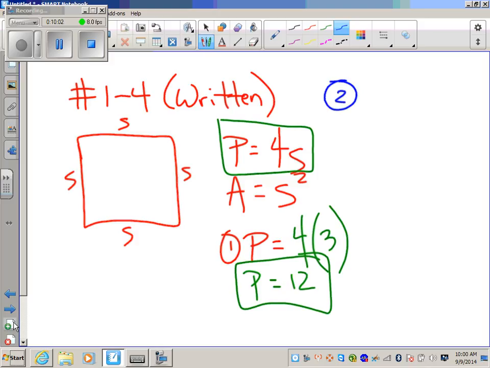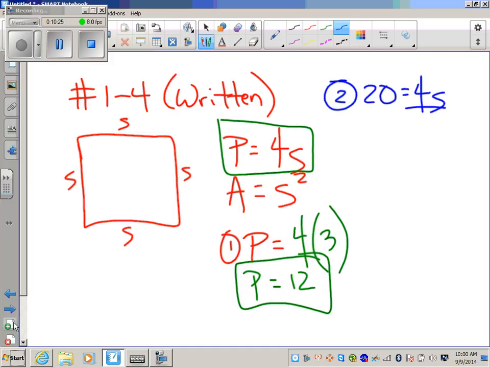Number 2, find S if P is 20. So again, we're going to use this formula, but P is 20. I don't know what S is. How are we going to find S?